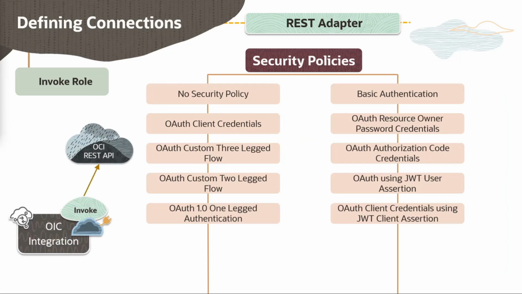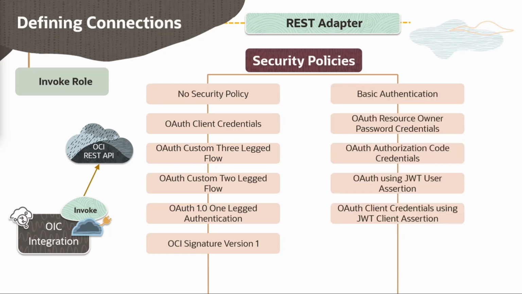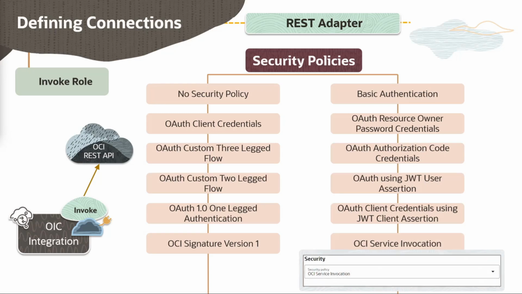For use cases where you need to invoke an OCI REST API, you can create an API signing key using OpenSSL to pass as a specific credential using this OCI signature policy. Or another option is to use the OCI service invocation policy by using a resource principal session token and creating a dynamic group in OCI to identify your OIC instance as a trusted user.